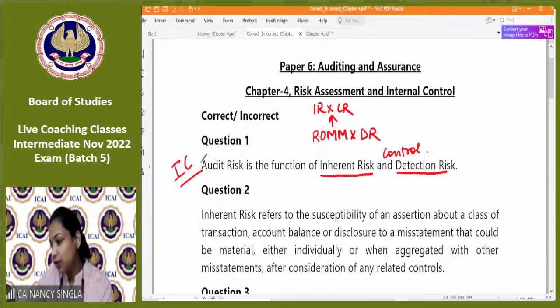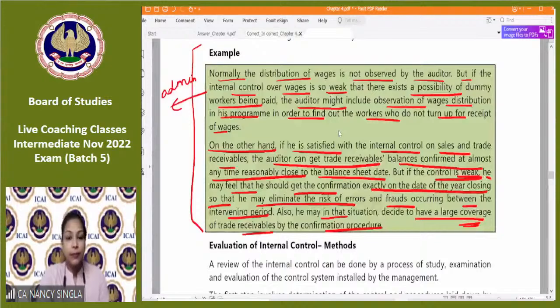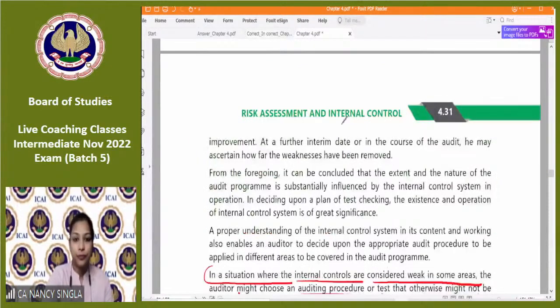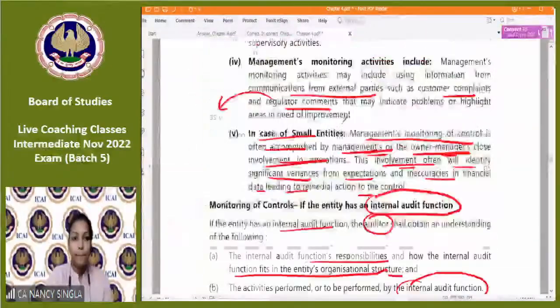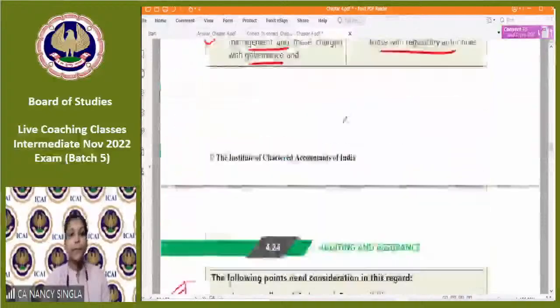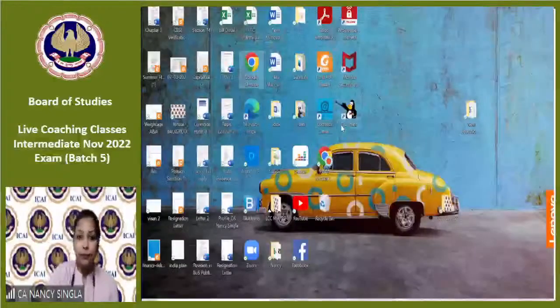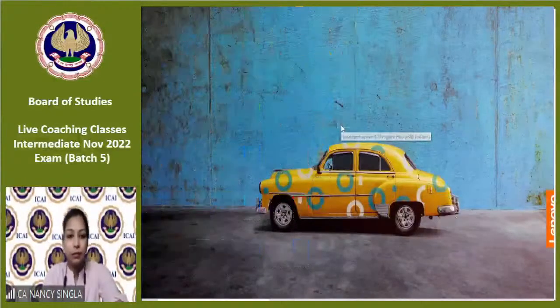Sahu, please check your answer. Audit risk. Let me just show this to you in the module. Just a minute.